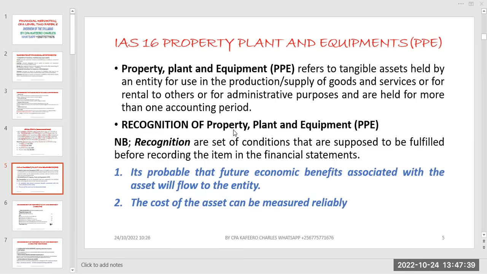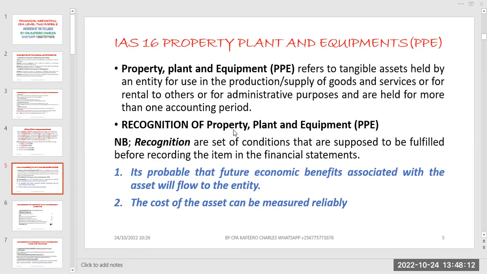So definition wise, property, plant and equipment refers to tangible assets. So that's the nature. They are tangible assets held by an entity for use in the production or supply of goods and services. Now the use comes in. It is used in the production or supply of goods and services, or for rental to others, but this rental to others is to a smaller extent.